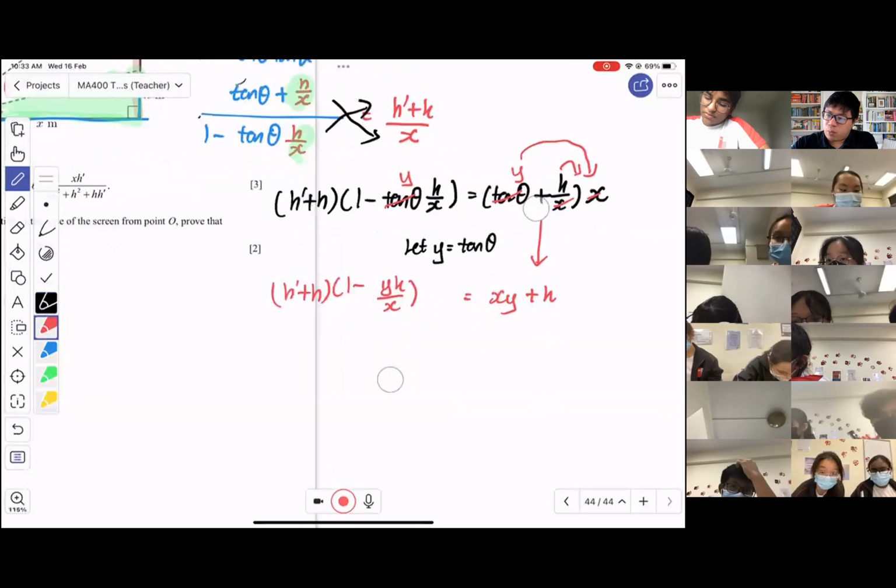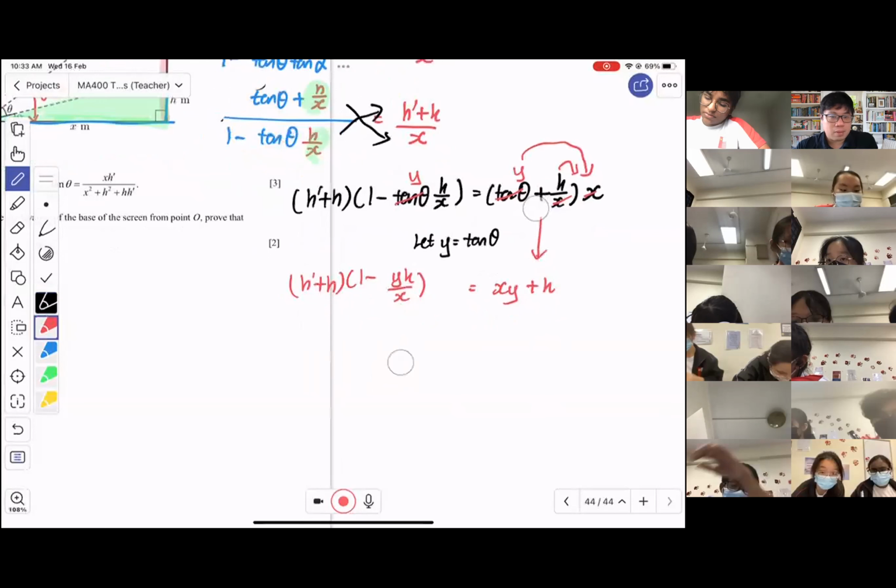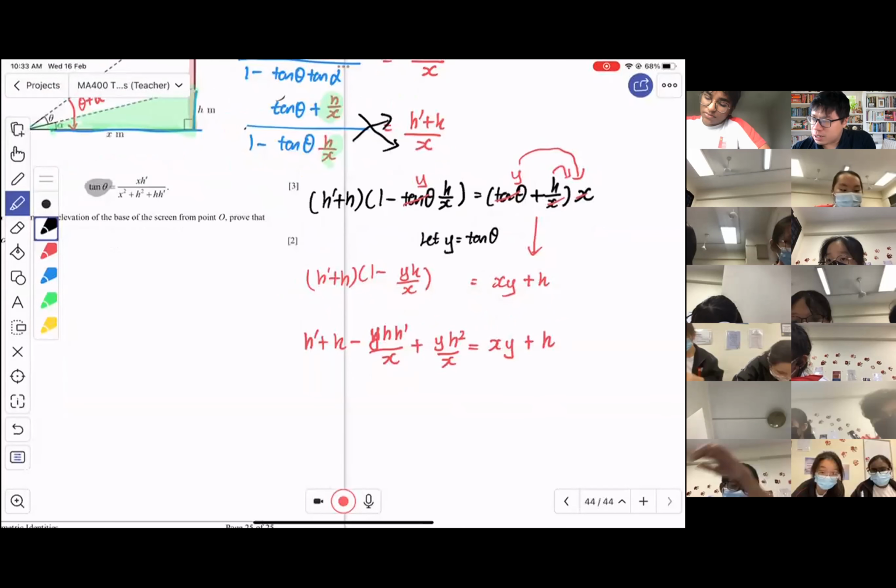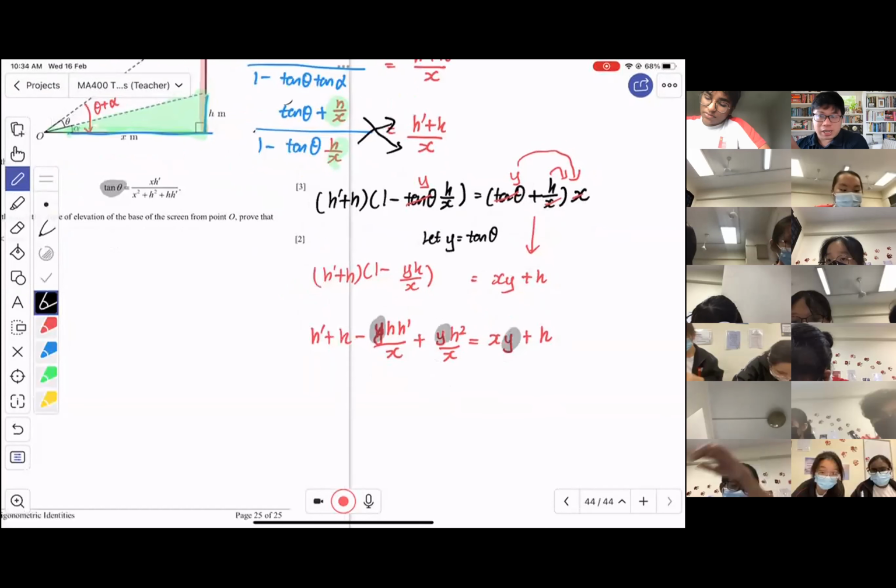Now remember that we want tangent theta to be the subject, so I'm going to bring all the y's to one side.